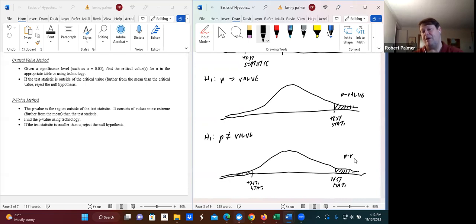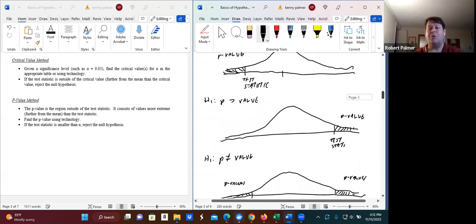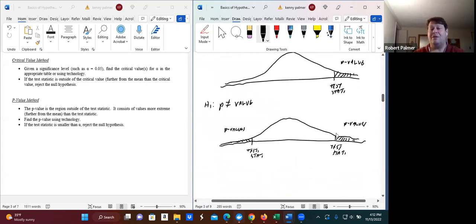Then you have two p-values. And essentially, like the critical value method, they add together. So in this case, since it's symmetric, we multiply each individual one by 2. And if that area, that probability, is less than our alpha, 0.05 or whatever, then we reject the null hypothesis.